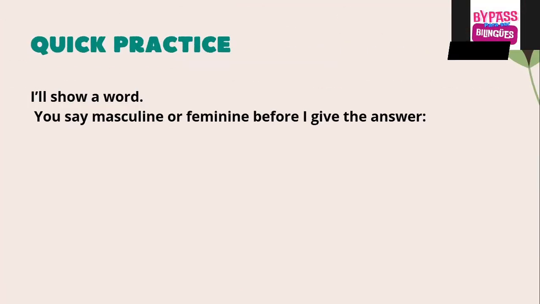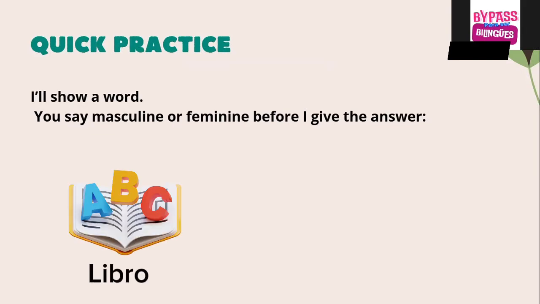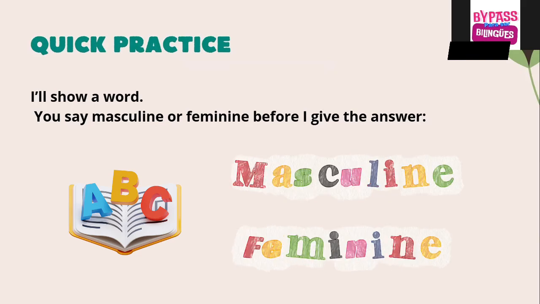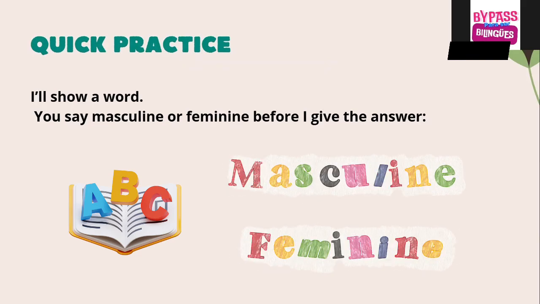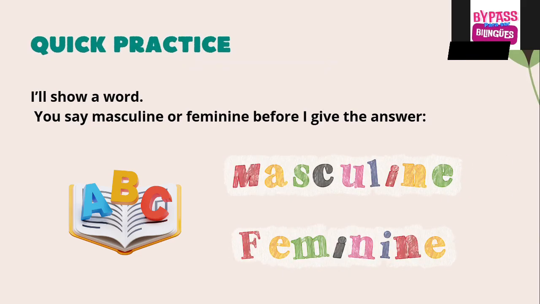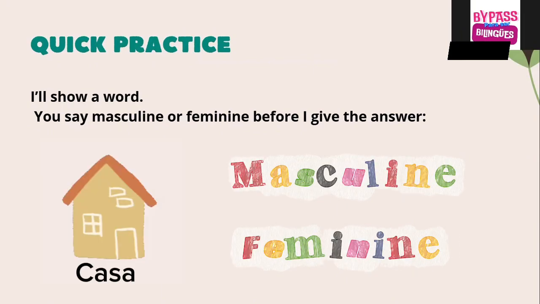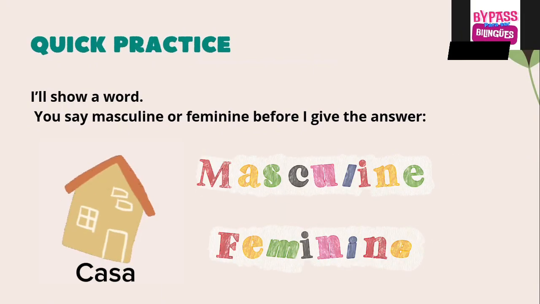Now, here we have a quick practice. I'll show a word and you say masculine or feminine before I give the answer. Let's start with libro. Is it masculine or feminine? Excellent. Libro is masculine. Casa, is it masculine or feminine?